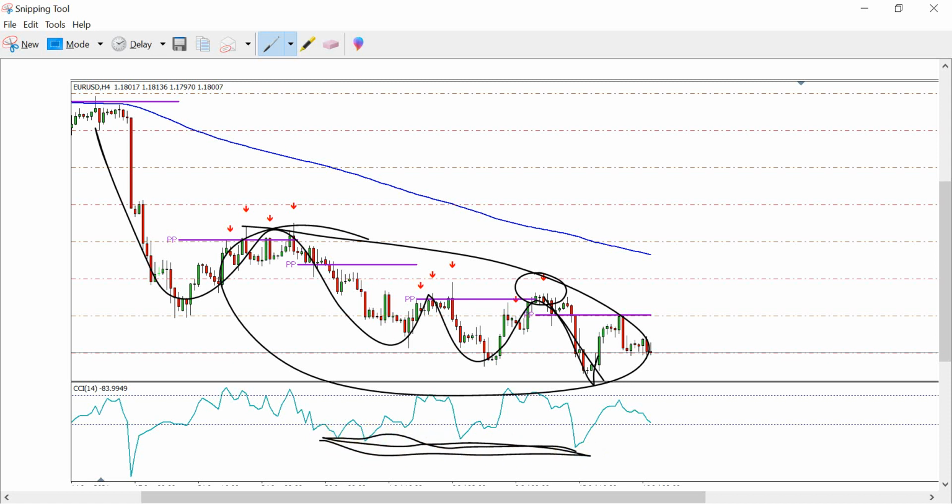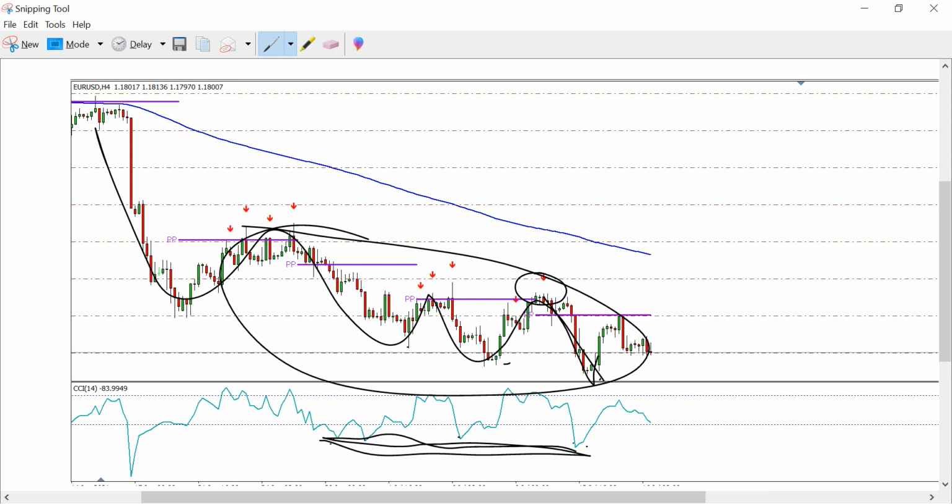And again, looking at bullish divergence here, price is making lower lows, but the CCI is not making lower lows as well. If anything, it's making equal lows, or even slightly higher lows. So that's the bit here that I'm not really convinced on.